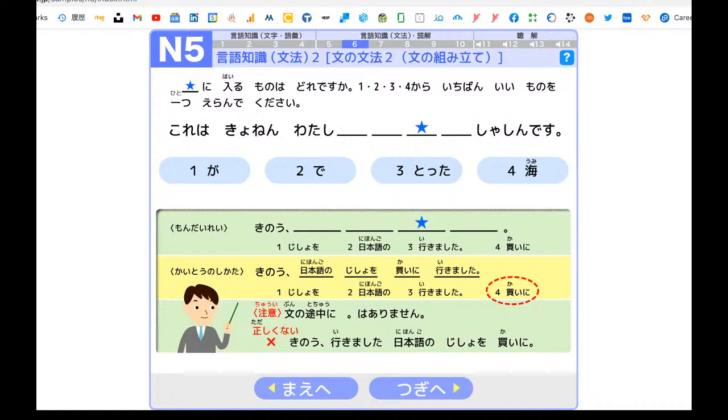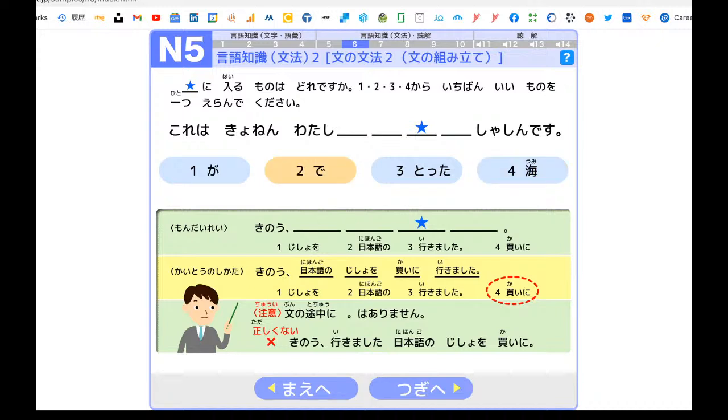Okay, and then let's see the other options. We have が、で, and 海. Okay, let's see が then. So here we have 私. And 私 could be subject again. So we can maybe put が first. And then we have で and 海. で is a description of location, and 海 could be the location itself. So it could be 海で.